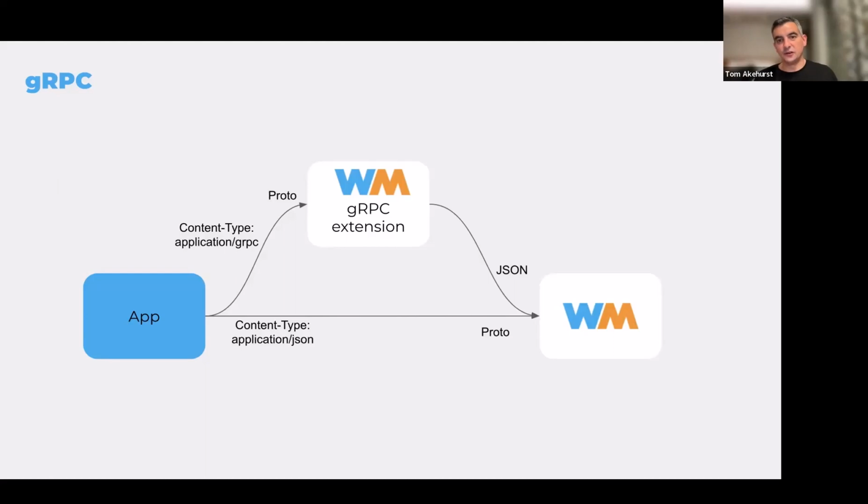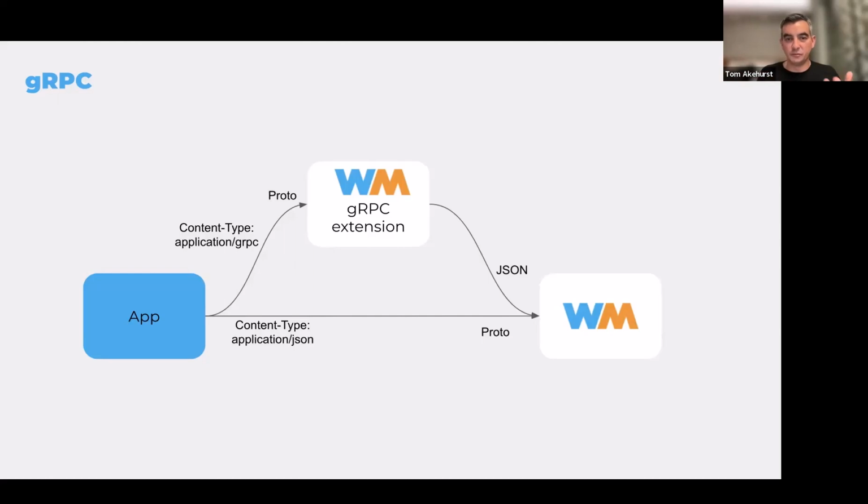Essentially, it does this. gRPC uses protobuf as a message format, for anyone who's not familiar with it, which is Google's very compact binary format for data interchange. And although it's very different representationally from JSON, it's possible to do a lossless conversion between the two.